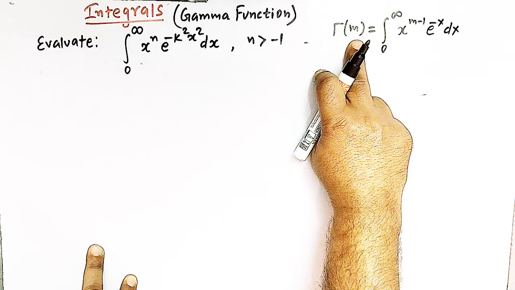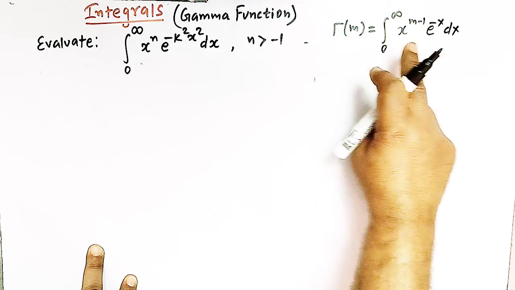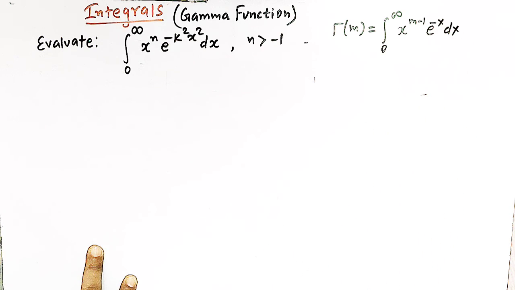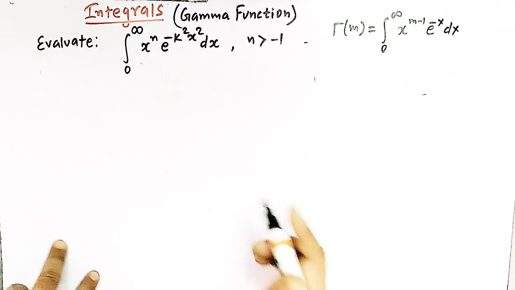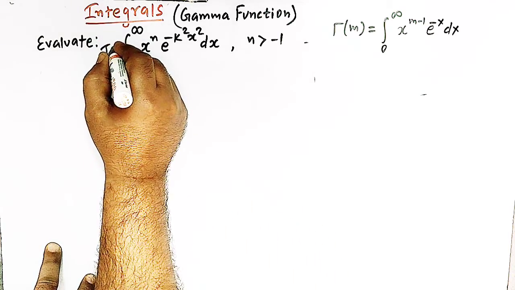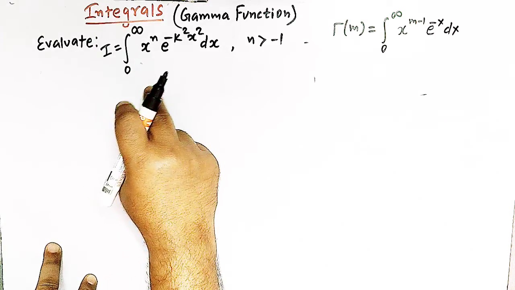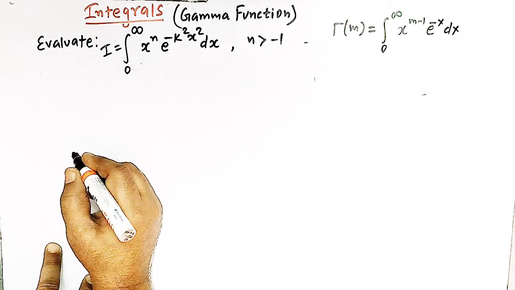So gamma of m is defined by this integral, and this integral is also known as Euler's second integral, right? So let us call this integral as I.